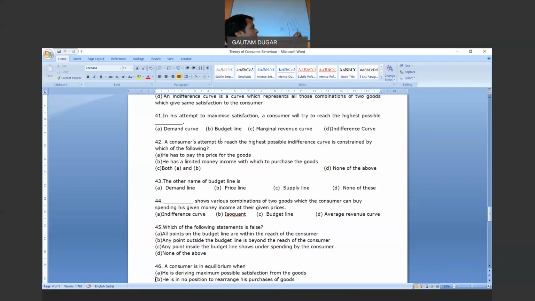So the equilibrium point will be this. Now, a consumer's attempt to reach the highest possible indifference curve is constrained by which of the following? Obviously, C.